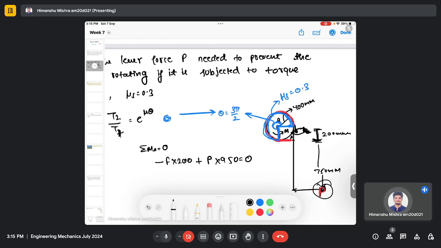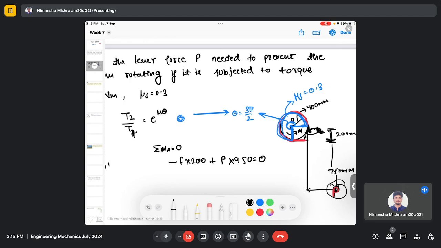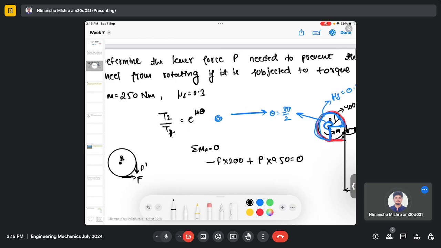These two forces are acting here, and this F dash is actually acting at the point A, so there will be no moment from the force F dash here.